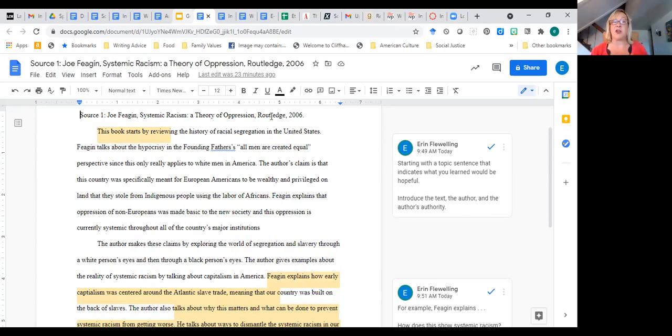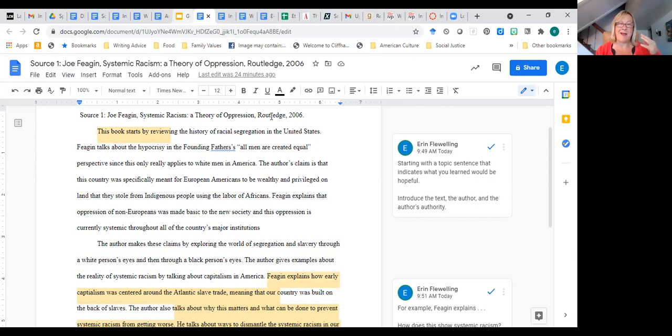So American sociologist Joe Fagan's book, Systemic Racism, A Theory of Oppression, claims that he focuses his analysis of racial segregation by talking about how America has been hypocritical from the very beginning, and has not upheld the founding fathers' claim that all men are created equal, since that really only applied to white men in America, and says this is the foundation of racial oppression.